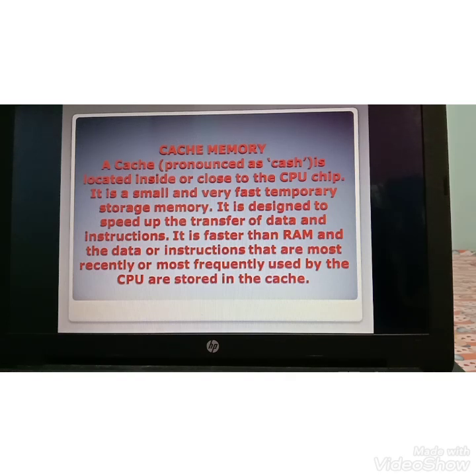It is faster than RAM, random access memory, and the data or instructions that are most recently or most frequently used by the CPU are stored in the cache. So this is about cache memory.